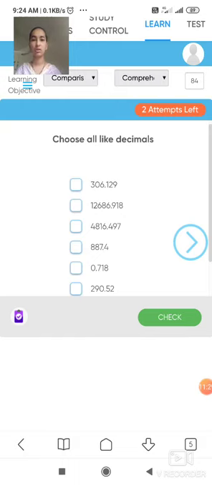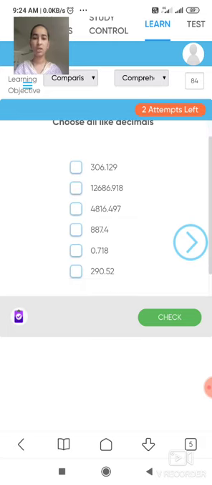Now you can see on the screen the next type of example is choose all like decimals. Among these options, which are like decimals, you have to choose. What are like decimals? Like decimals are numbers where the number of digits after the decimal is the same.